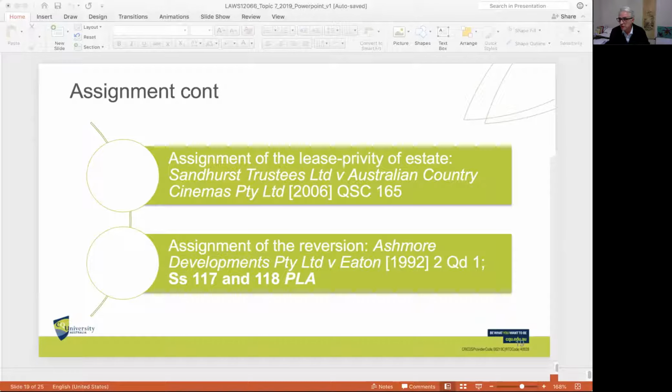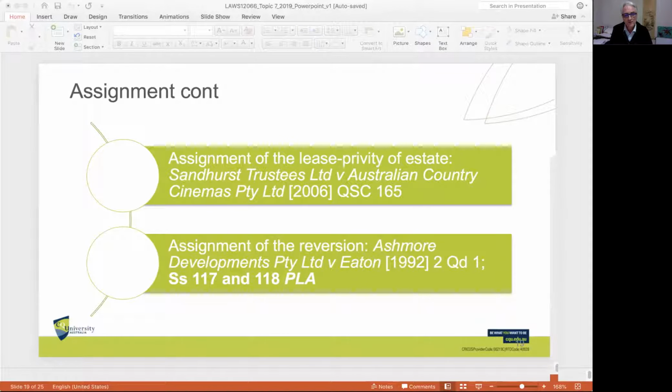Given this operation of privity of contract, there is in effect no contract between the lessor and the assignee, the new incoming third party taking the lease. The lessor has the ability under the lease to take enforcement action against the assignor for any of the assignee's breaches. But one of the challenges is that the assignor, the original lessee, may be out of the situation, and taking that action might be challenging.